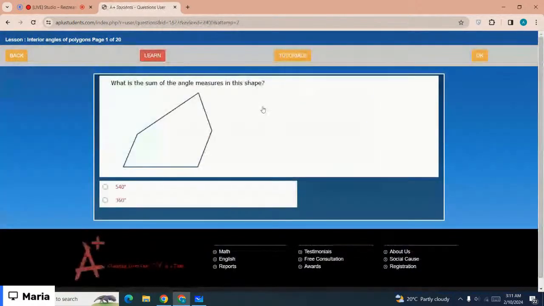What is the sum of the angle measures in this shape? That is a five-sided shape, right? So the sum of the angles must equal 540 degrees, right?